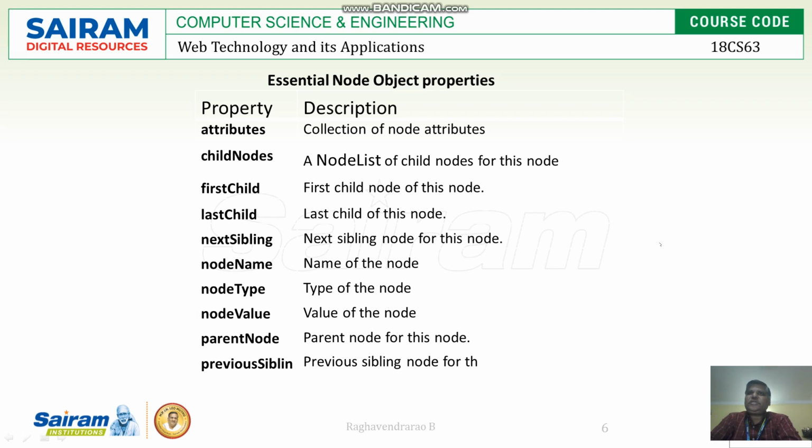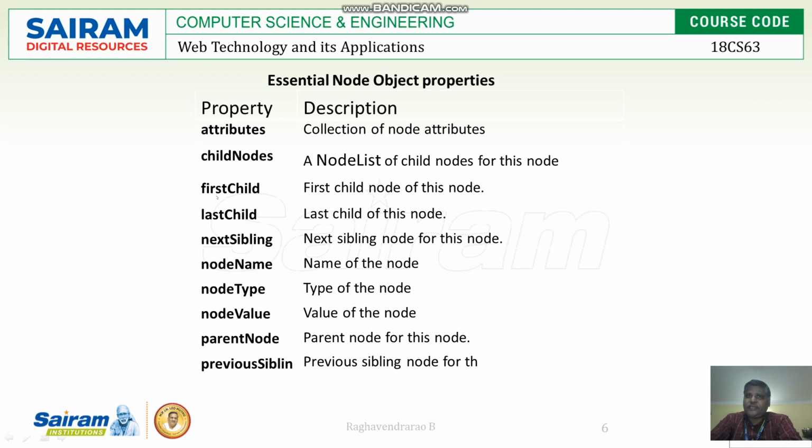There are essential node object properties. There are so many properties present in this. First is attributes, a collection of node attributes. Then child nodes are there, first child. Child nodes are a node list of children of this particular node. So under that, whatever comes, it is going to have child nodes.